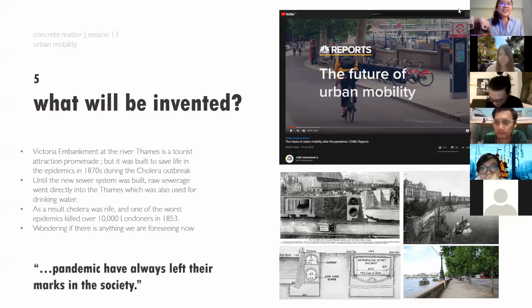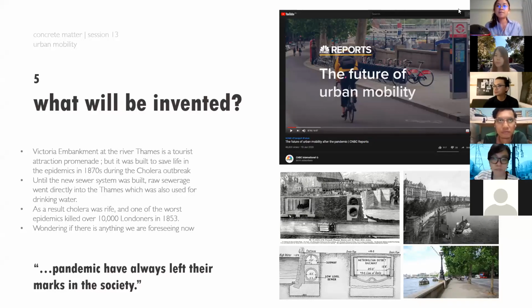Yeah, sure. And then the third point from the video that I find very interesting is more on the design side, because the video was drawing a historical precedent. There's this place called Victoria Embankment in London at the River Thames. It's a very famous promenade and tourist attraction.